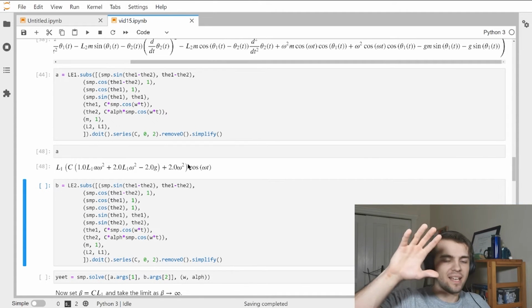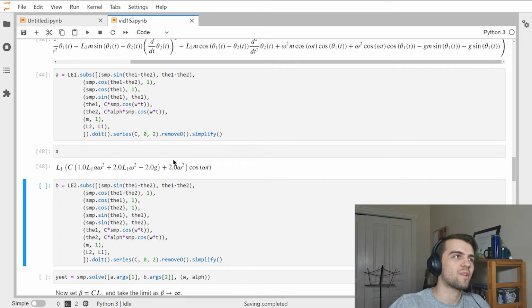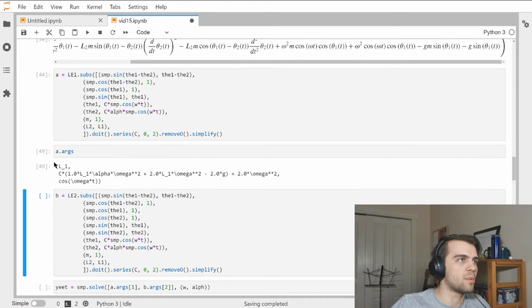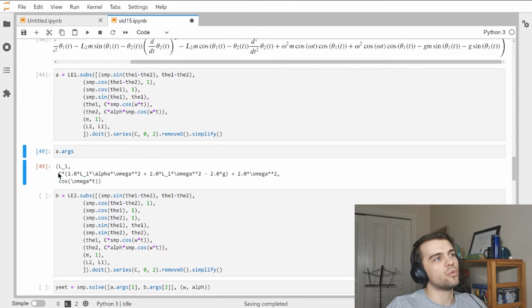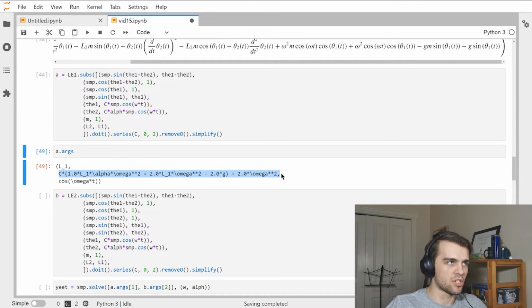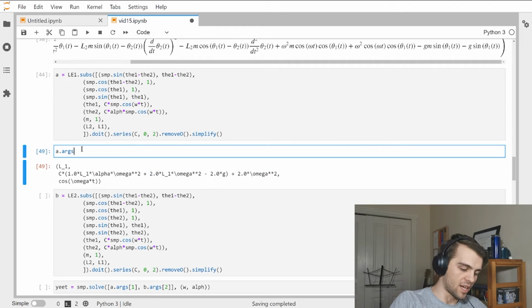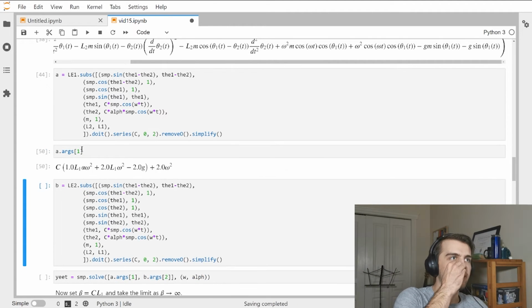When there are multiplication factors like that, 3 terms in parentheses, like I have here, L1, this, and cos omega t, if I just type in .args, it will break it apart into those 3 terms. And I only care about the center term being equal to 0, right? If the whole thing is equal to 0, the center thing must be equal to 0. And I can say a.args[1], that will give me the center argument here. And I need to solve this equal to 0.